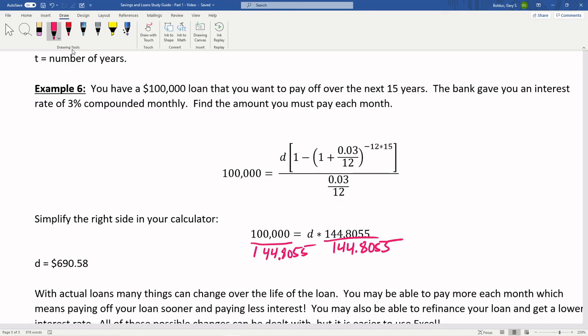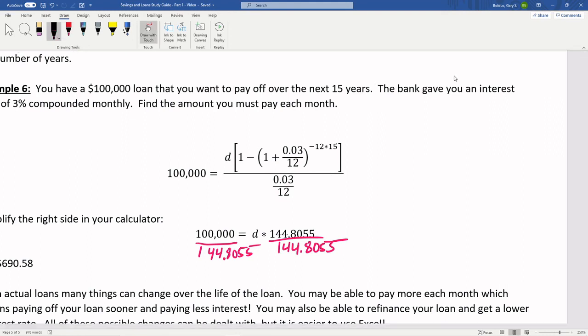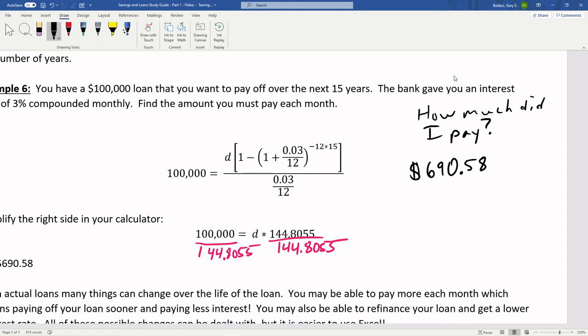So a couple things you can do with this in the amortization examples, but you can figure some stuff out here. Like, okay, how much did I pay? I took out $100,000, but how much did I pay the bank back? Because that's not written anywhere. Well, what did I do? I took $690.58 of my money every month, and I paid it to them for 15 years.